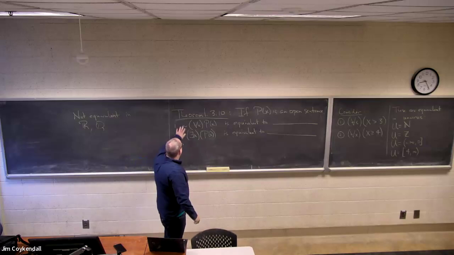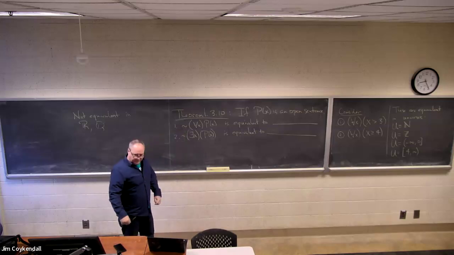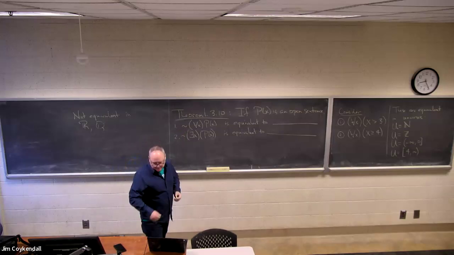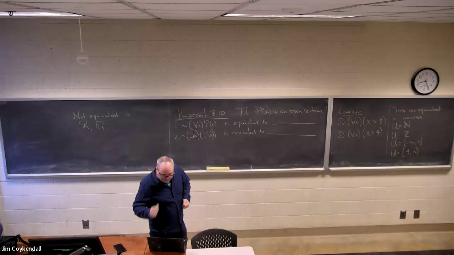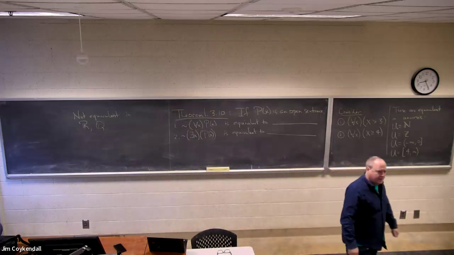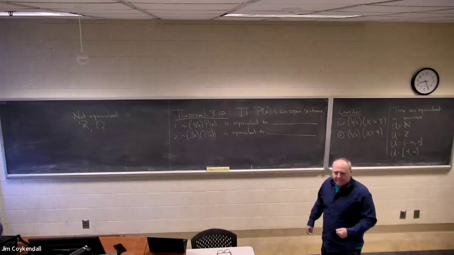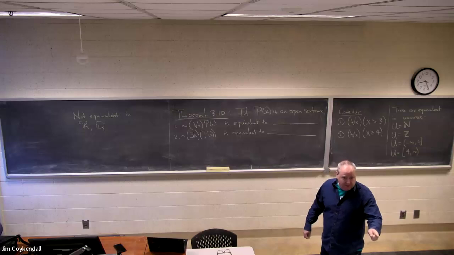Okay, let's take apart the first one. For all x, p of x means for every x in the universe, p of x is true. What is the negation of that? It's not true that every x makes it true. So what does that mean? There exists x such that p of x is false. I agree with that.